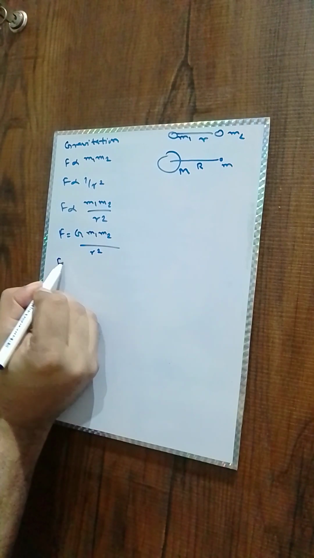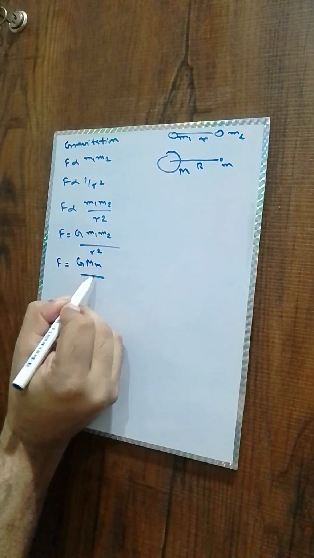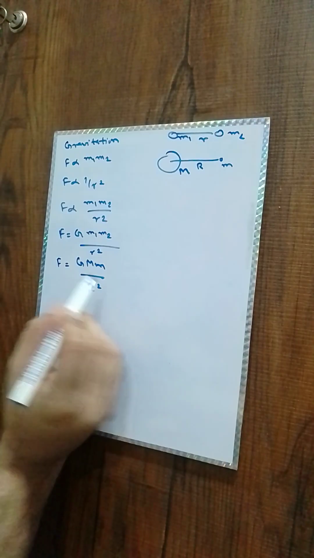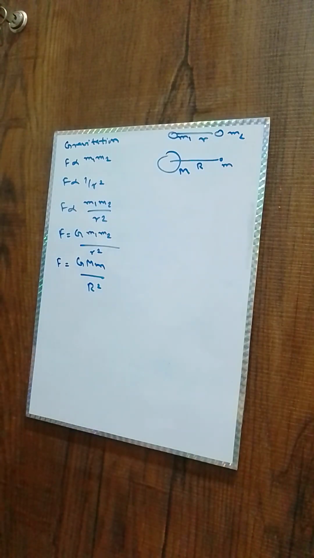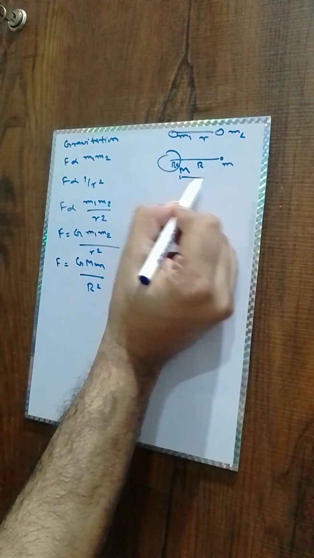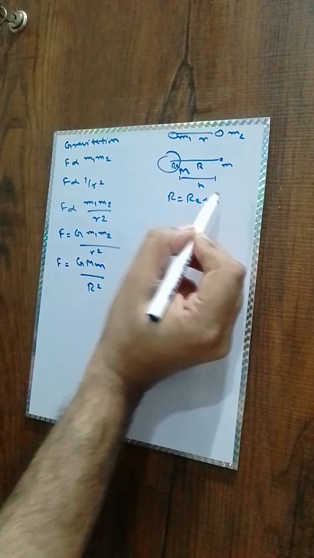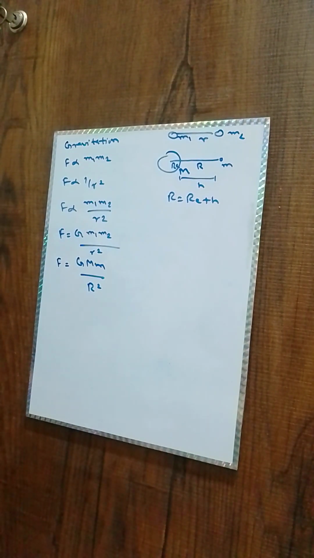So the equation gets the form G M m by r square, where this is Re and this is h, so r is equal to Re plus h as well. Okay, radius of Earth plus the height.